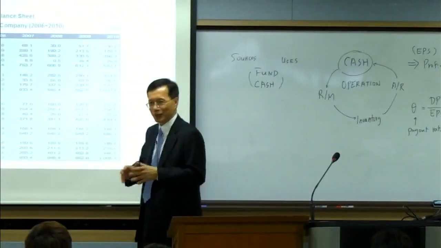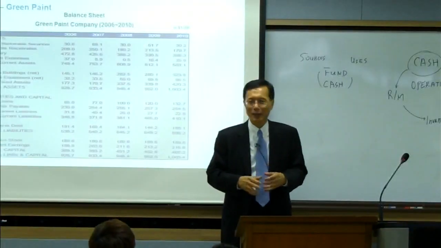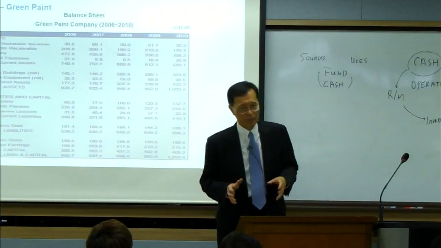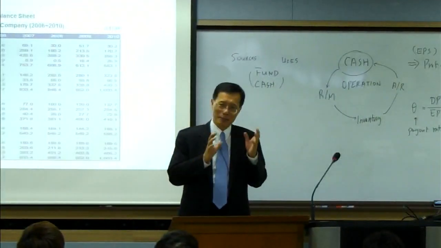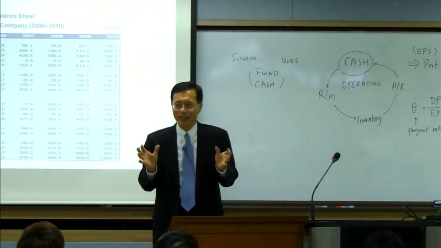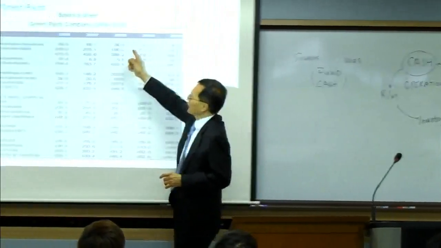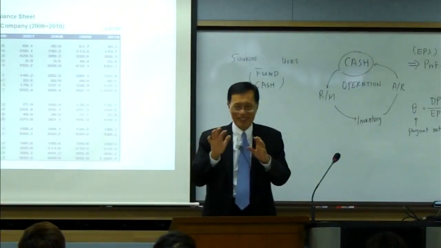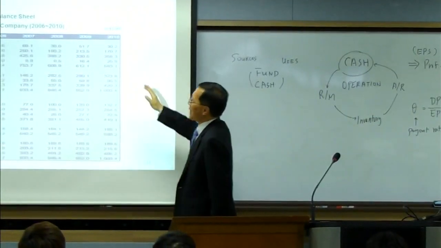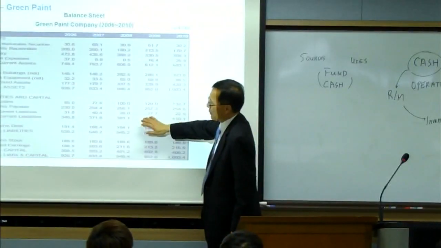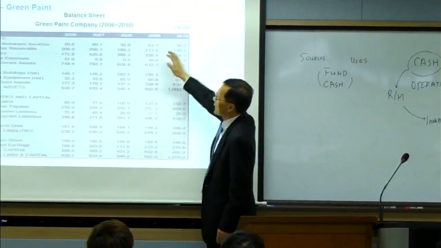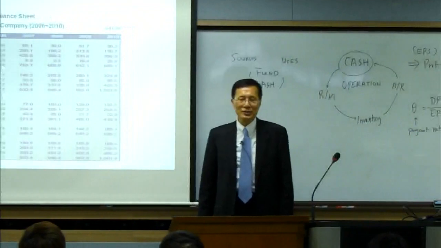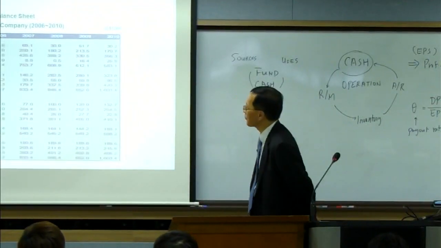This is a hypothetical company that I hypothetically consulted back in the early 90s, but I changed it into more recent time data. Assets and liabilities and capital, so-called balance sheet information, are available from year 2006 through year 2010.